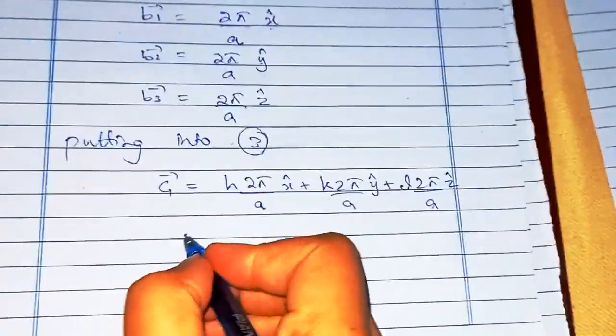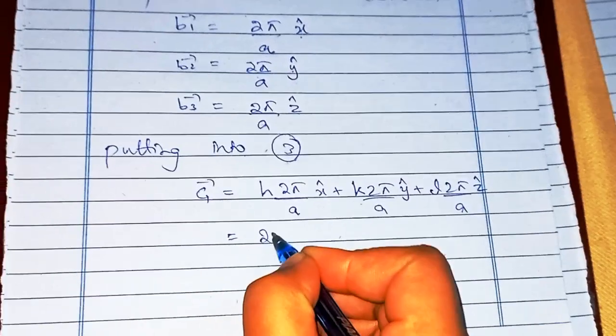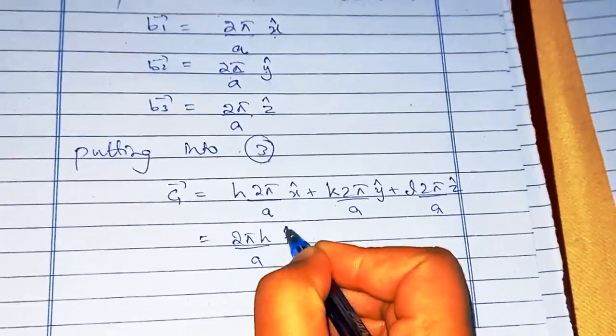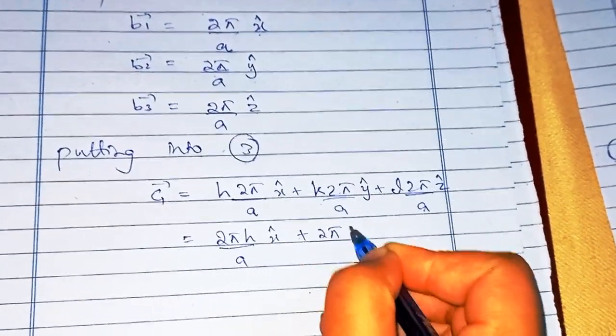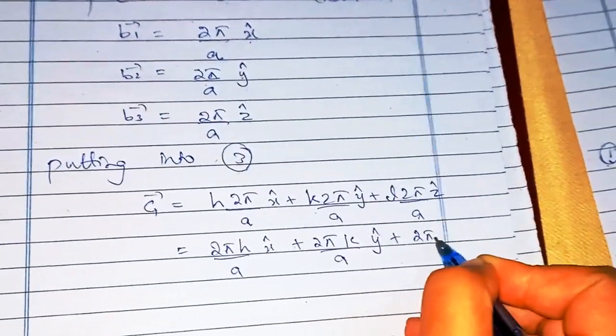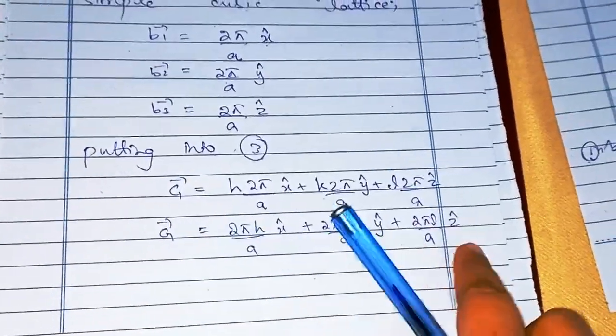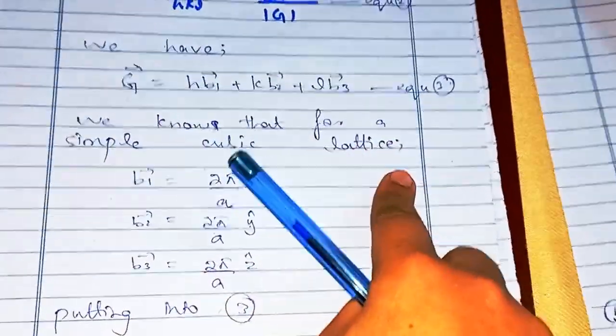Writing it the correct way: 2π h by a x hat plus 2π k by a y hat plus 2π l by a z hat. This is the G vector in the xyz coordinate system for a simple cubic lattice.